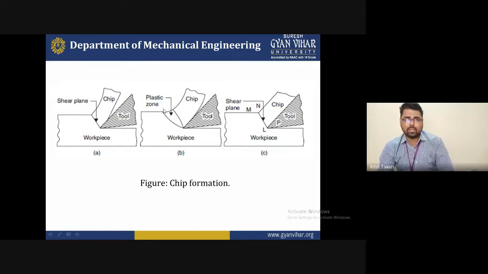If the material has a tendency to regain its shape after the material is removed, that is not a complete deformation. But when the material is removed and afterward does not regain its original shape, we can say that the plastic zone is achieved. So when you reach the plastic zone, the chip formation is definitely over.